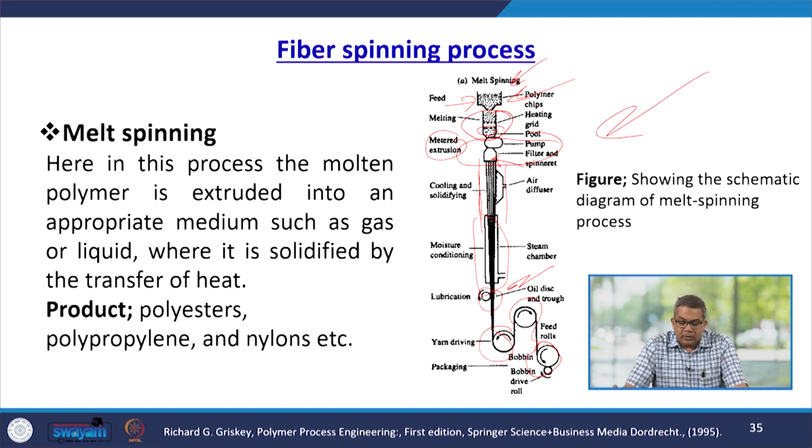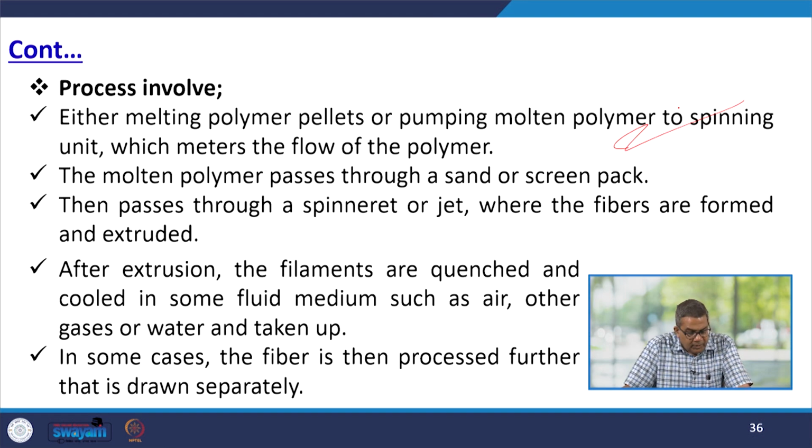Now the integral part is that the molten polymer is extruded in an appropriate medium and solidified by the transfer of heat. Polyester yarns, polypropylene and nylons are produced with the help of this kind of process. This process involves either melting polymer pellets or granules, or pumping molten polymer to spinning units which meter the flow of polymer.